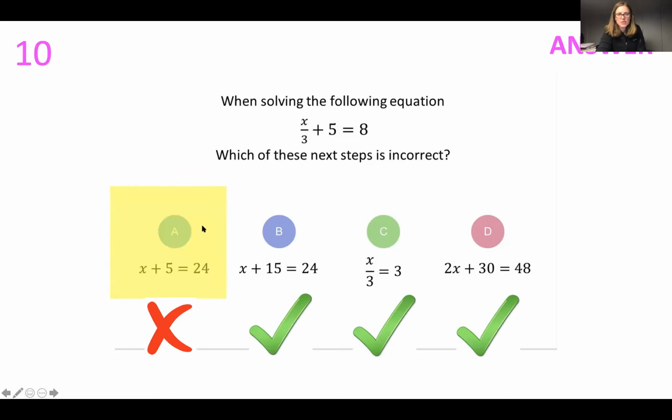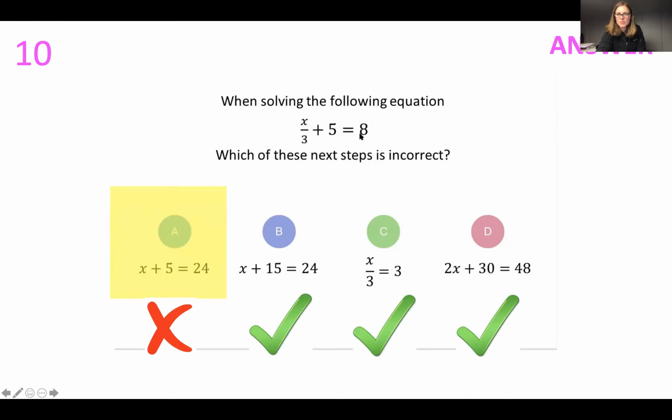Let's take a look. If you want to multiply by 3, you've got to multiply all elements of the expression by 3. So x divided by 3 multiplied by 3 becomes x. 5 multiplied by 3 is 15.